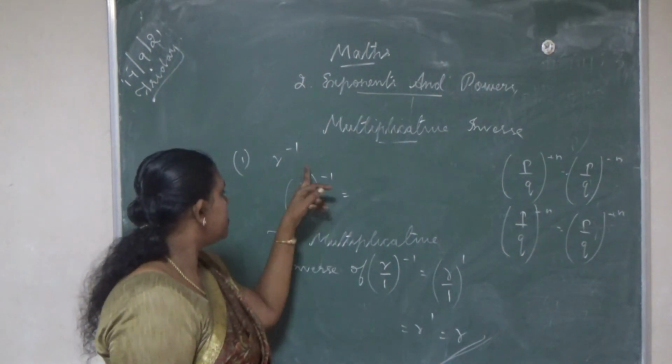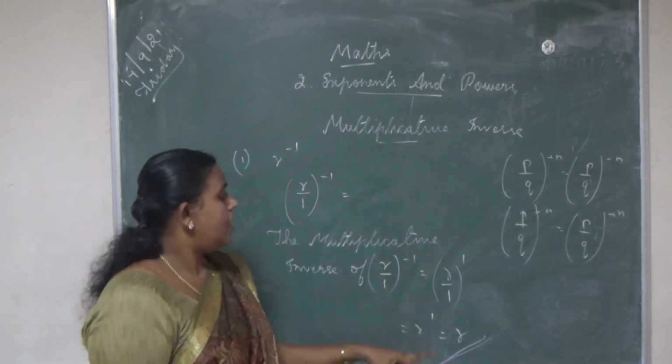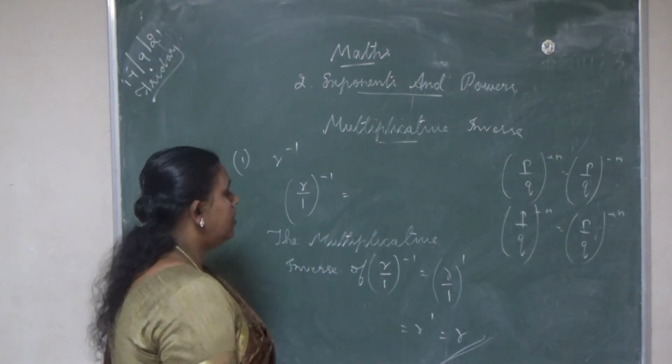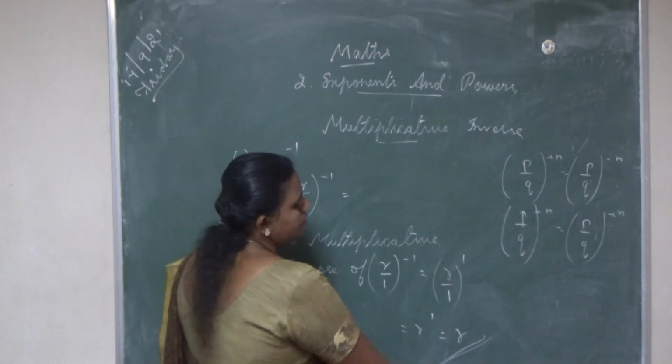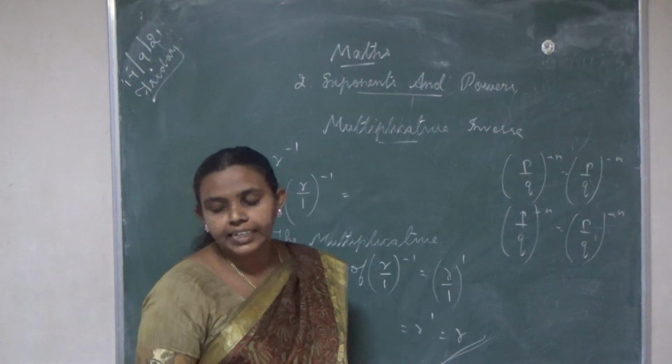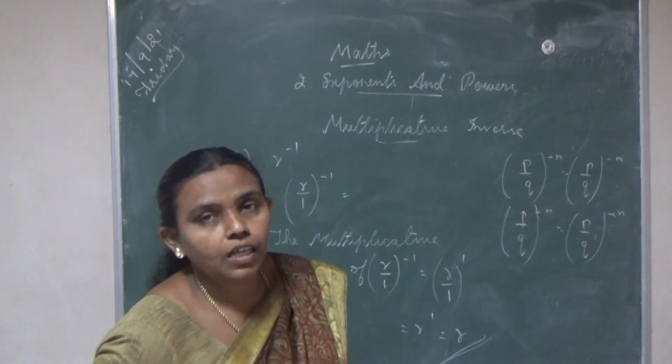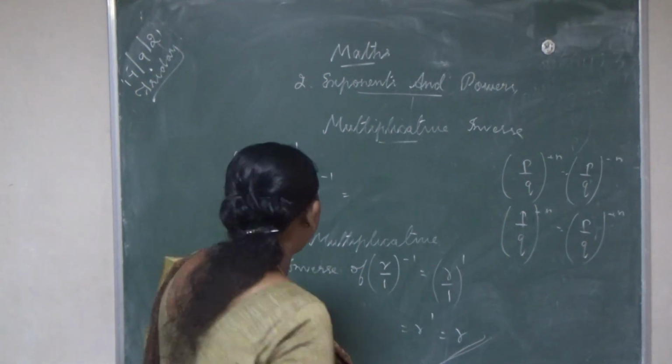So the multiplicative inverse of r by 1 the whole power minus 1 is r by 1 the whole power 1, or r power 1 by 1 power 1, that is r power 1, which is equal to r. Clear now? Shall we go for the next problem?